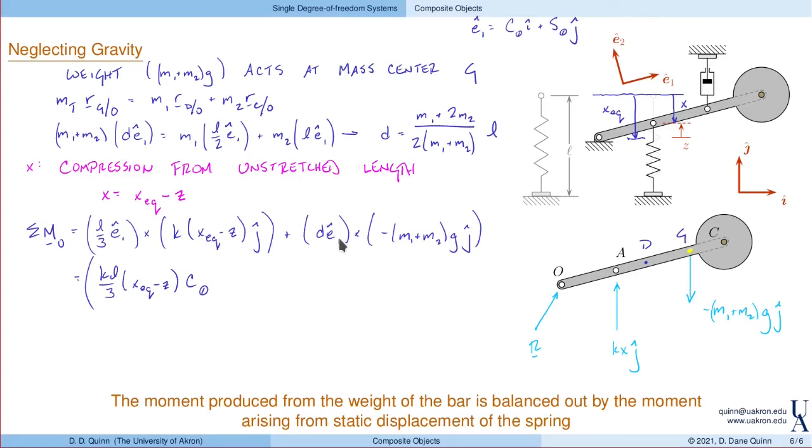Likewise, here I have E1 cross j. Again, that's going to be cosine of theta in the k direction. So we get minus d m1 plus m2 g cosine of theta in the k direction. So when we have static equilibrium, these two balance out, right? And so in particular, in static equilibrium, z is equal to 0.